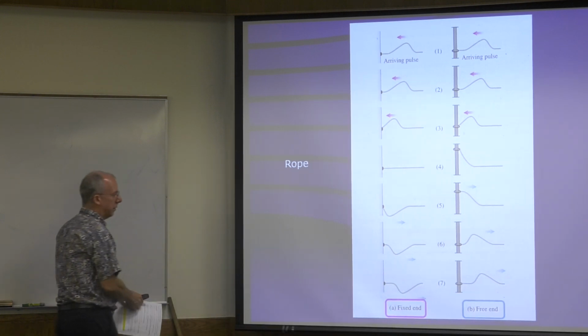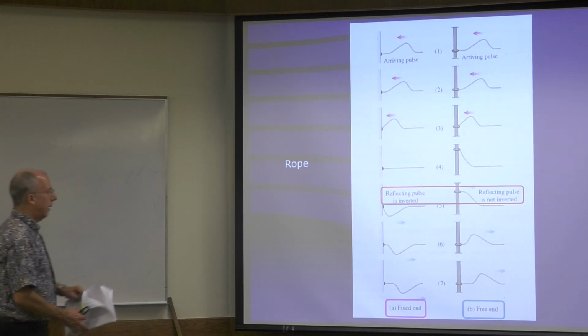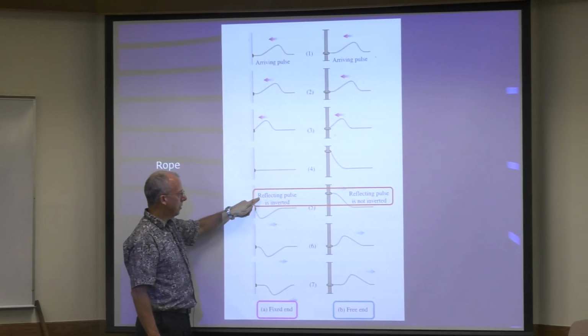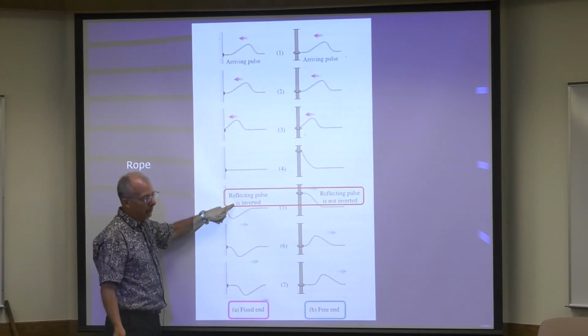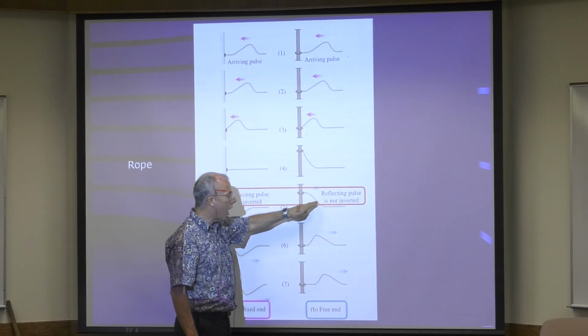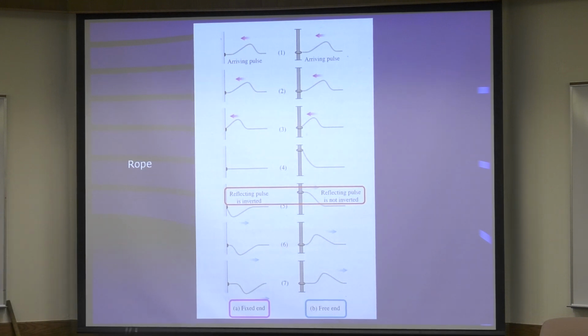Okay, so there's the difference. Here, for the fixed end, the reflecting pulse is inverted. I say flipped. Here with the free end, the reflecting pulse is not inverted or not flipped. All right? So sometimes it flips and sometimes it doesn't. That's really the important thing.